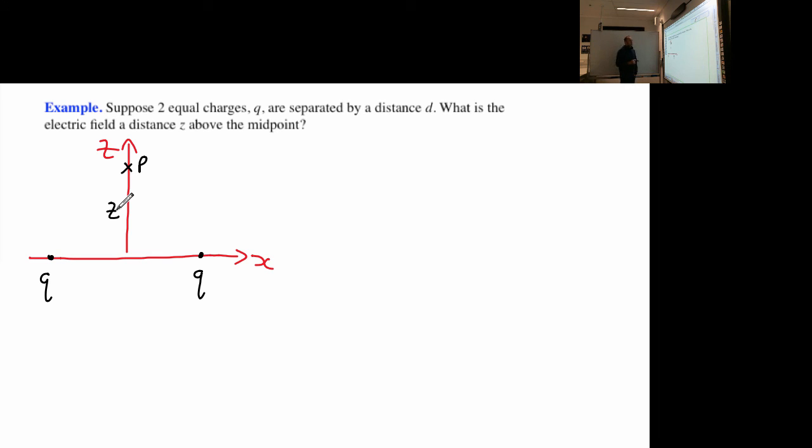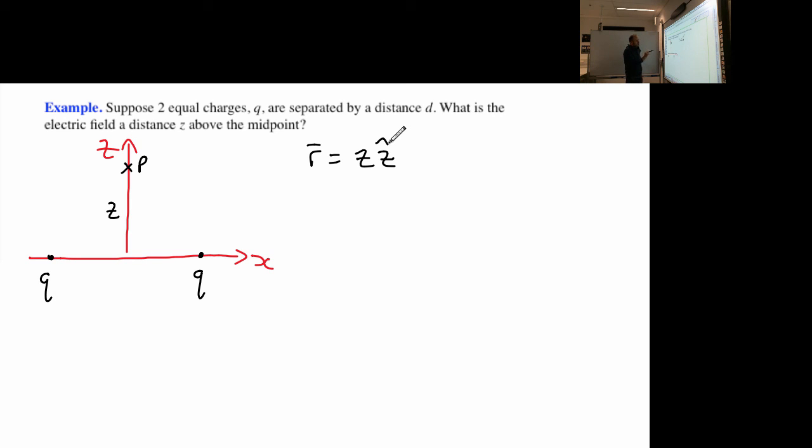So the first thing we want to do is to write down what our field and source vectors are. So for our field vector, we have r equal to z hat. Remember, it's that distance from the origin and it's in the z hat direction. Now for our source vectors, we're going to have two of them.